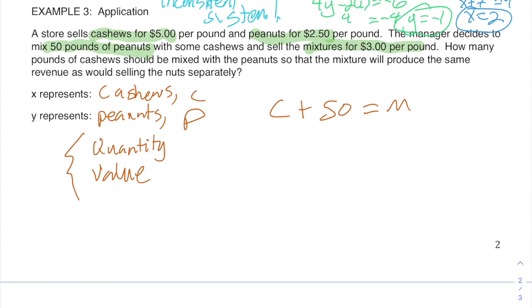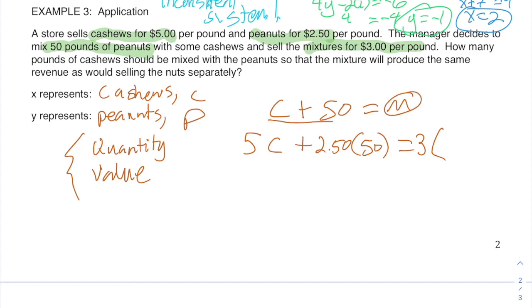And then for the money equation, we know that peanuts are $2.50 a pound and cashews are $5. So it's $5 times the cashews plus $2.50 times 50 for the amount of peanuts equals, so now the mixture is a total of $3 per pound, so that's 3 times, so the mixture is equal to C plus 50, so that's C plus 50.